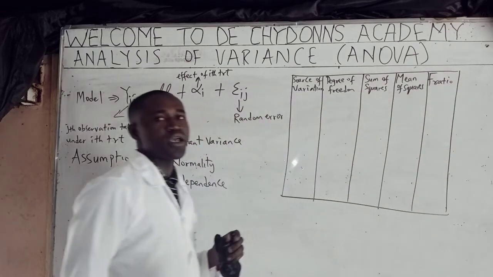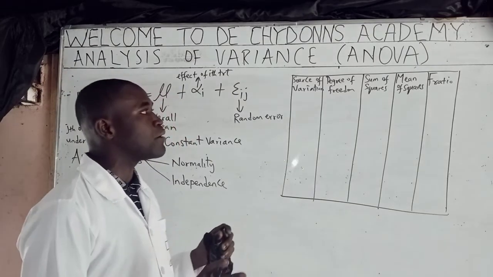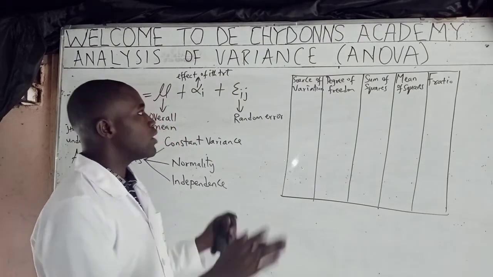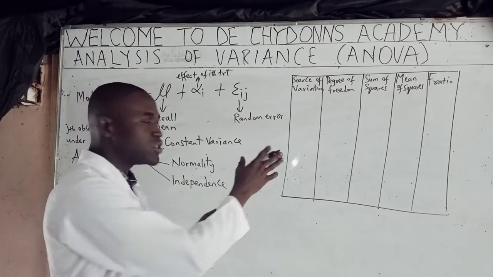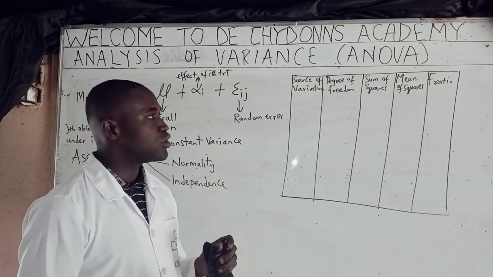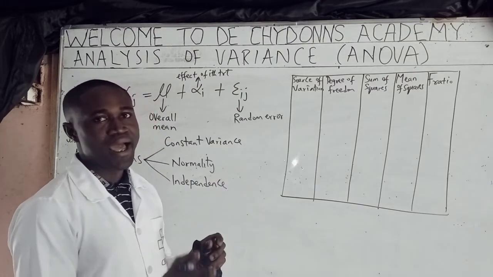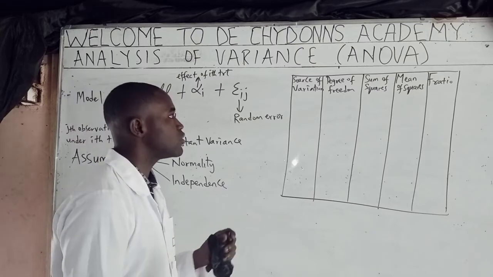This F ratio is named after a scientist called Fisher, who also made an impact in bringing this topic ANOVA to us. So the F is gotten from the initial of Fisher.